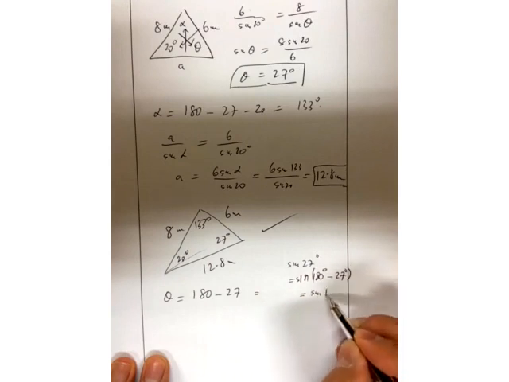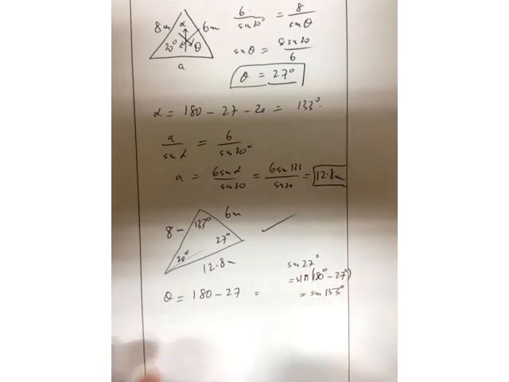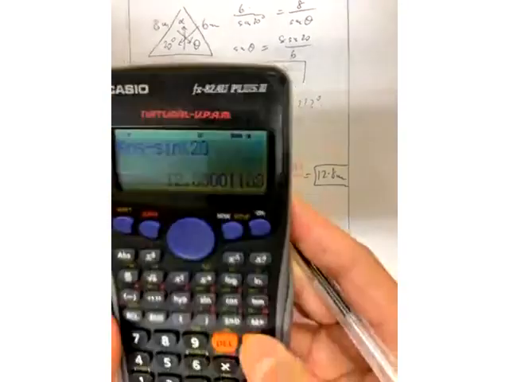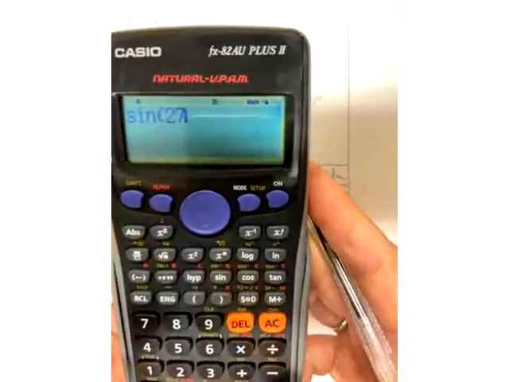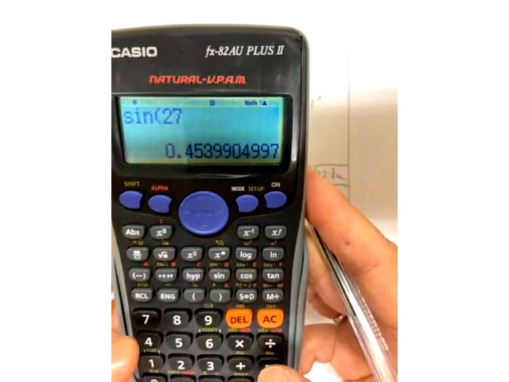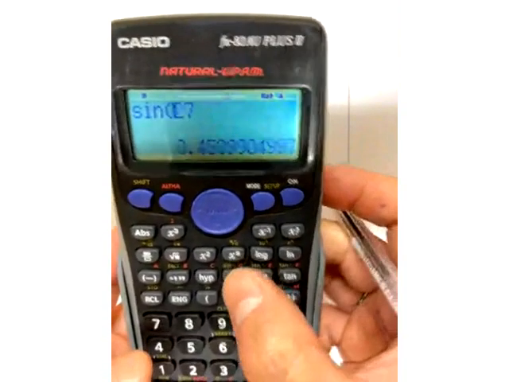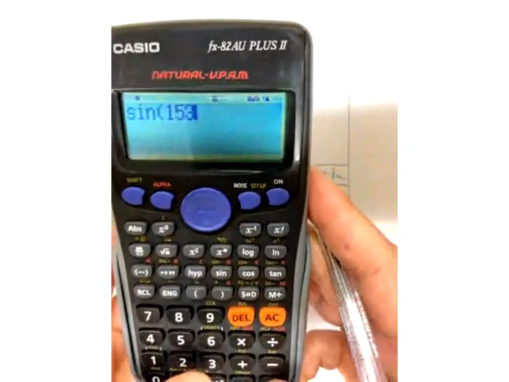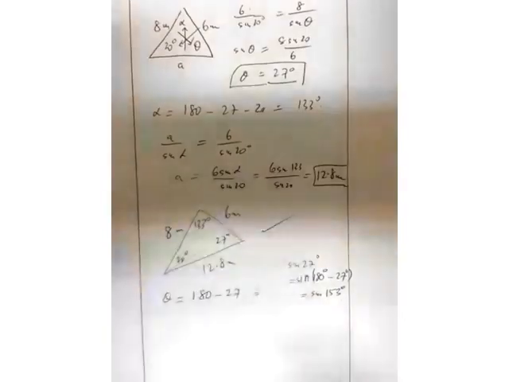If you don't believe me, sine 27 is 0.4539, and sine of 153 is exactly the same. So in other words, my angle can also be 153 degrees.